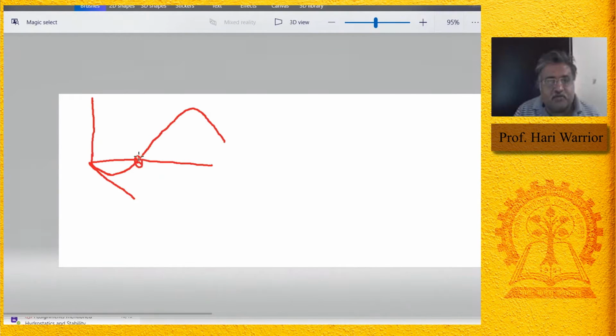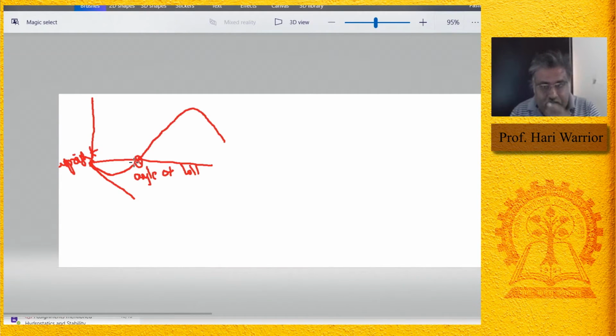This angle is known as the angle of loll. This is the upright condition, and this is the angle of loll condition.